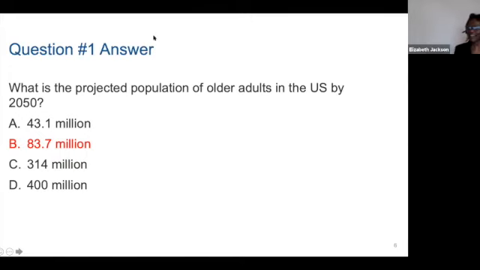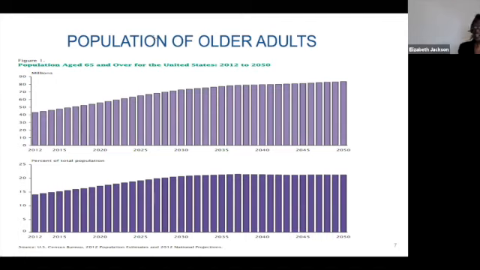Going on to the next slide, you will see this figure depicts that for age 65 and over, by 2050, over 83 million will be age 65 and over.